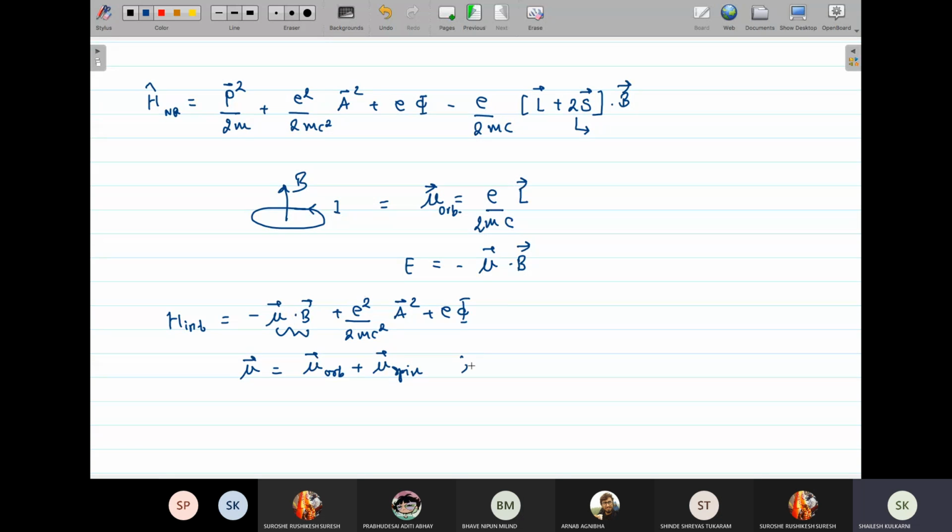Mu orbital will be given by e divided by 2mc L. This I can write as g times e divided by 2mc L. In that case g will be 1.